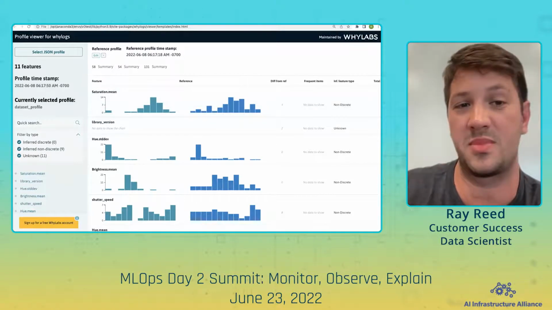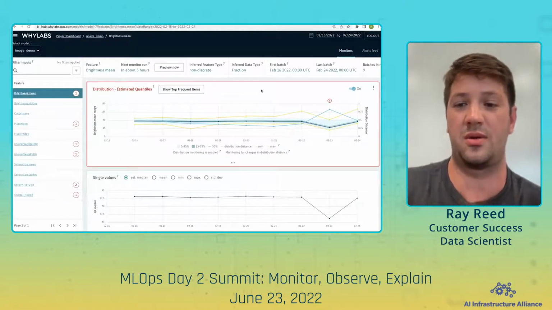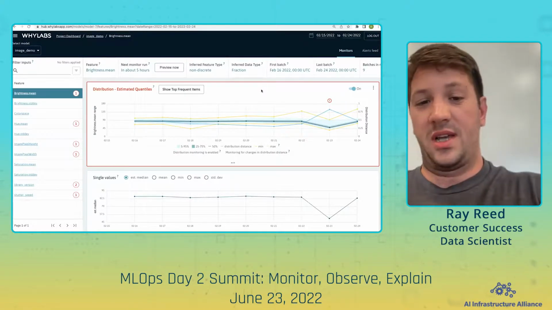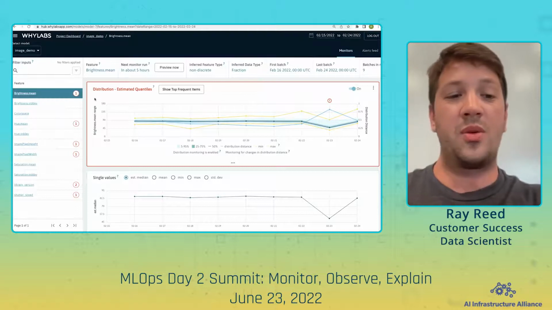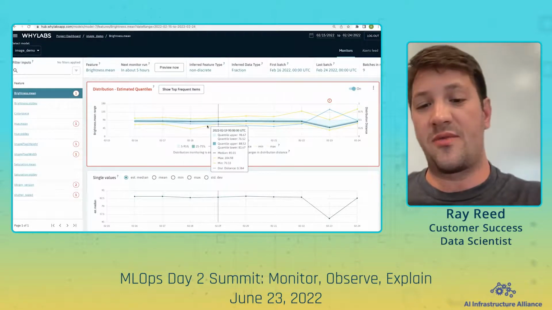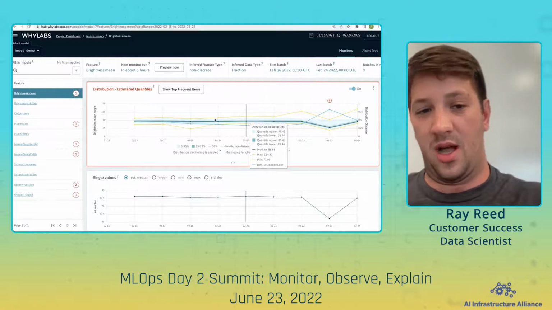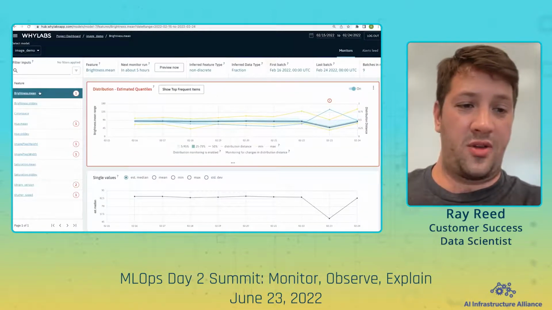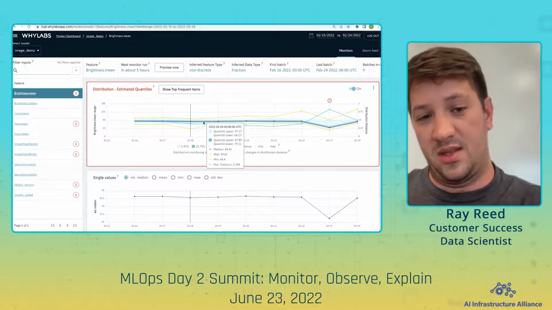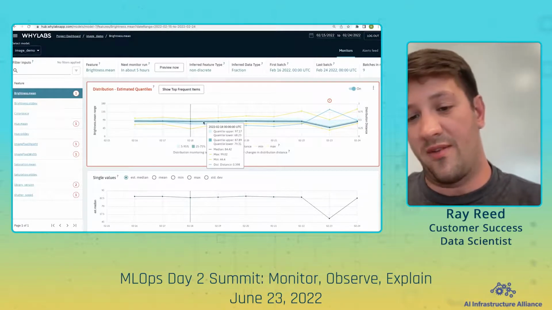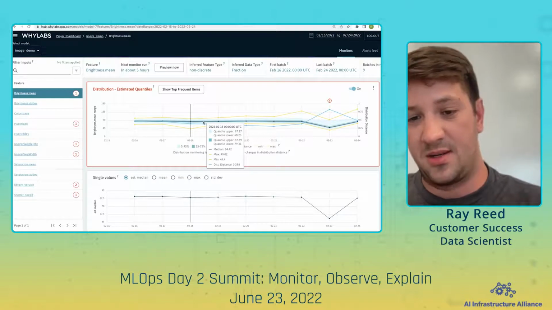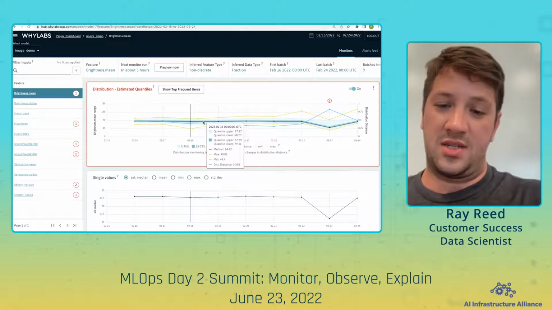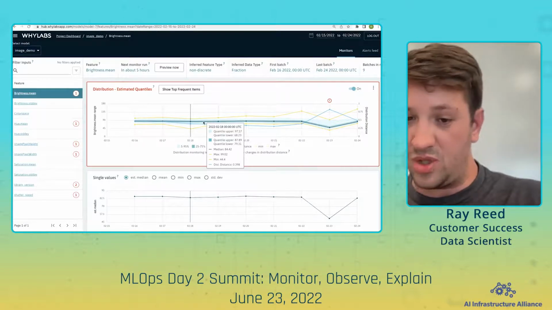And the YLabs platform is designed to do just that. In this example that we're seeing here, we have the brightness for several days of image data being logged, and for this particular metric, in this distribution graph we have some basic descriptive stats, median, min, max, quantiles, and we have this thing called the distribution distance.